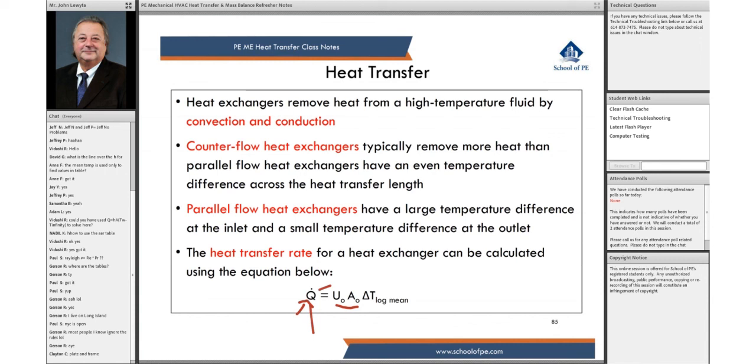I think there's one in the workshop. But what you're looking at here is the area of the heat exchanger and the overall heat transfer coefficient, which is typically given in a problem statement, or they may ask you to calculate it. But the key takeaway here is the log mean temperature.